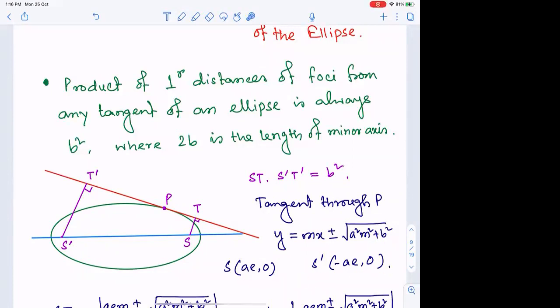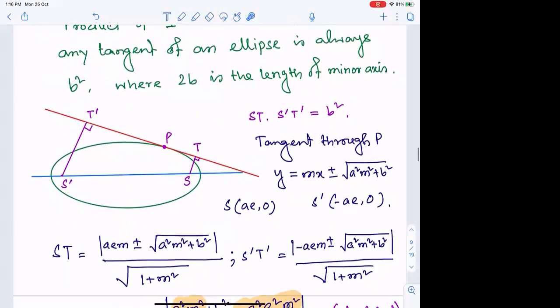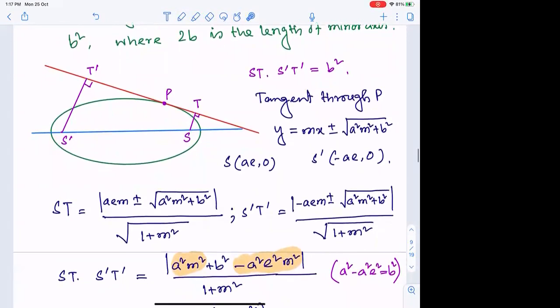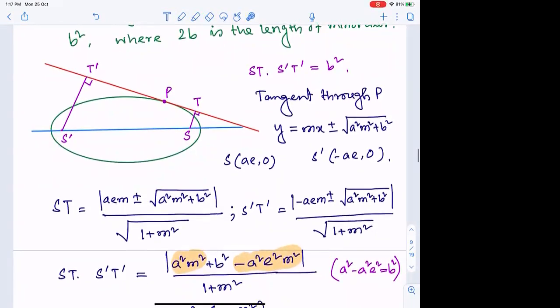If we consider the two foci and find ST and S dash T dash, through their multiplication we get this result. These two expressions are in the form a plus b and a minus b, so multiplying gives the difference of squares: a square m square plus b square minus a square e square m square.